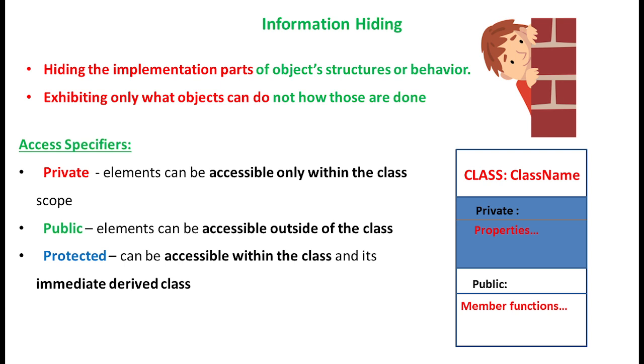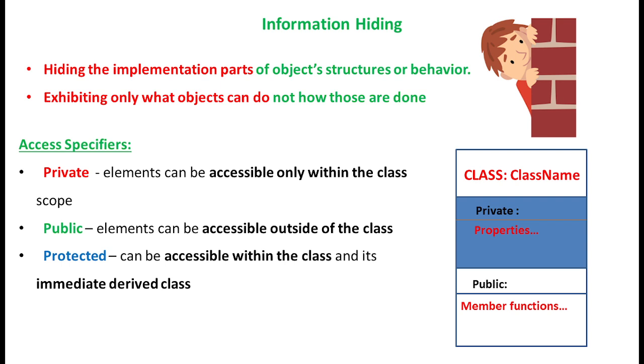That's why we use a private access specifier for assigning values to the object's properties. The next one is public: the member functions or behaviors are made public, so they can be called outside of the class to create objects, access those objects to provide values, and extract their behavior.